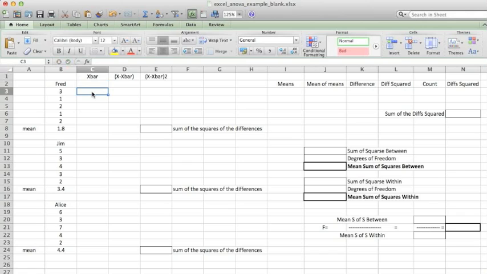Now I'll copy the mean into the column next to the values. I'm changing the notation to absolute addressing so that I can fill these values down.